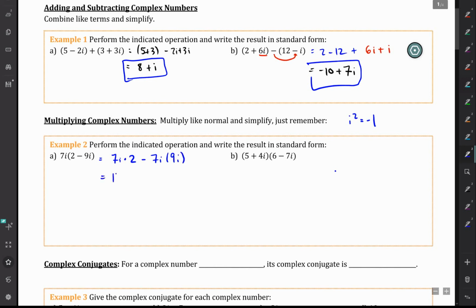Well, that's going to be 14i, and then that's going to be minus, what, 63i squared. And then when we remember that i squared is -1, you get that this is 63 times -1, so that's 14i plus 63.